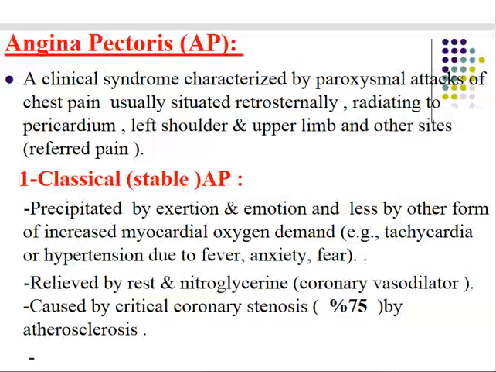It is relieved by rest and nitroglycerin, which is a coronary vasodilator, and is caused by critical coronary stenosis, when about 75% of the caliber of the coronary vessels is obstructed or occluded.